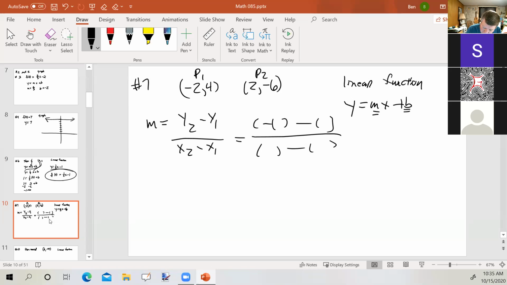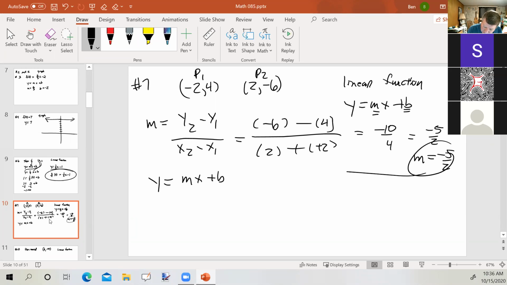So y sub 2 is -6, y sub 1 is 4, x sub 2 is 2, x sub 1 is -2. -6 minus 4 is -10. 2 minus -2 is 4. This reduces down to -5/2. So the slope is -5/2.